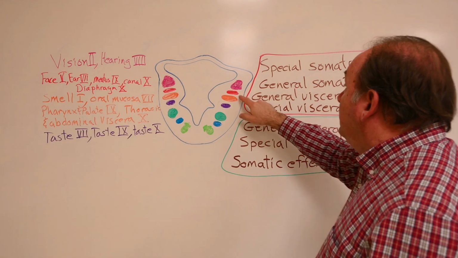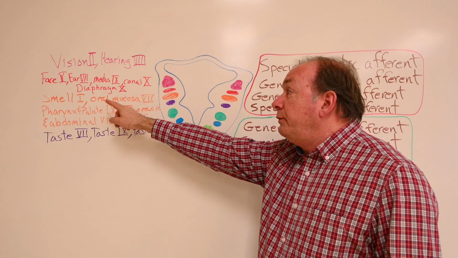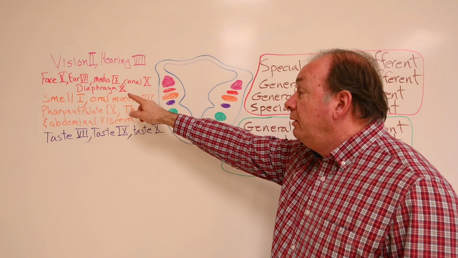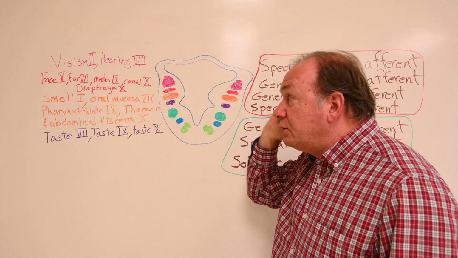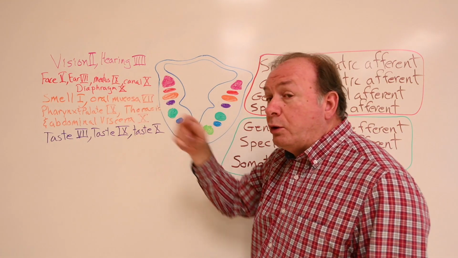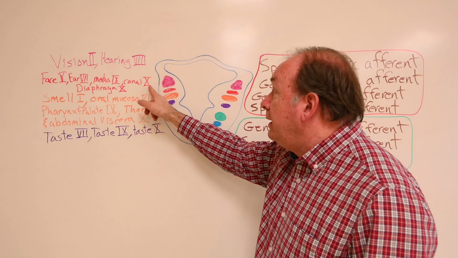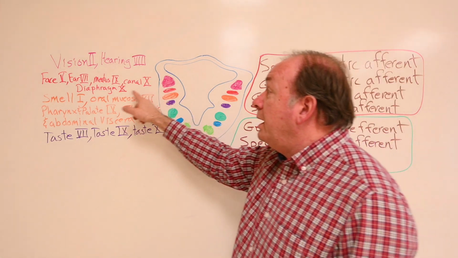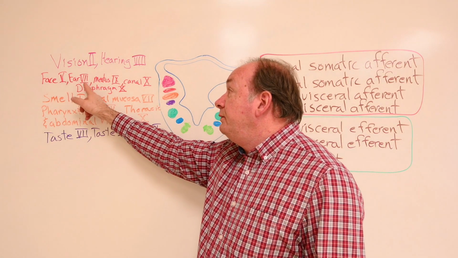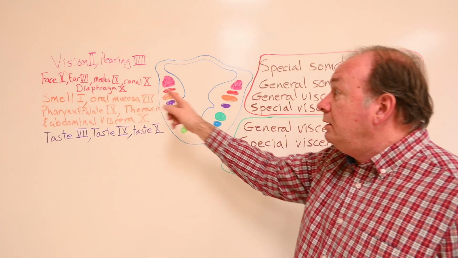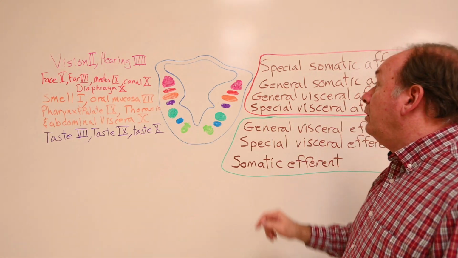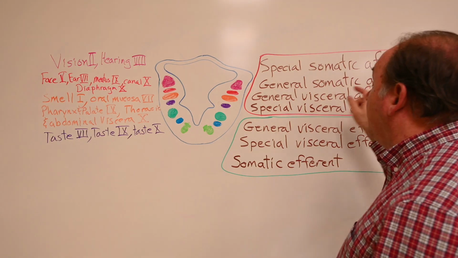Next, in the red here, from the sensory, from the face, from the region of the external ear, next the auditory meatus, the ear hole, and then finally the ear canal. These are coordinated through different nerves, 5, 7, 9, and 10, face, ear, meatus, and canal, as you go down the line. These are general, somatic, afferent.